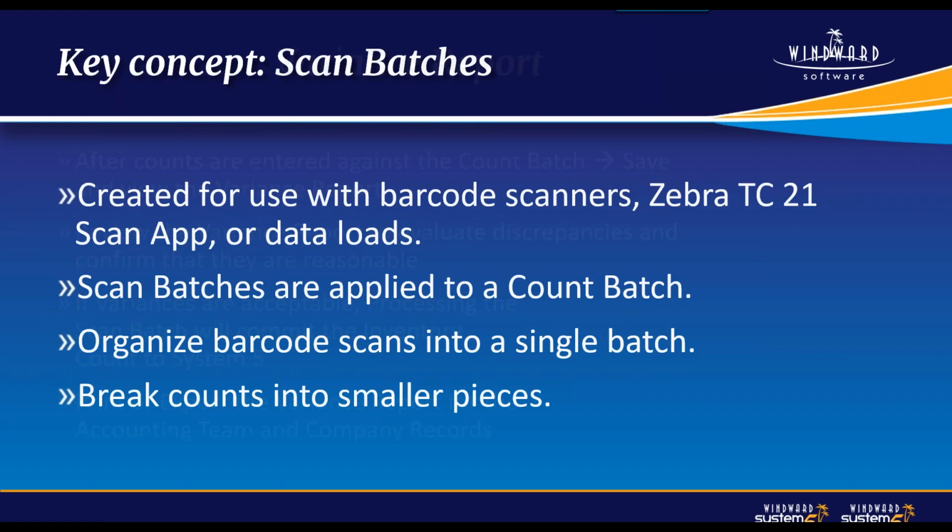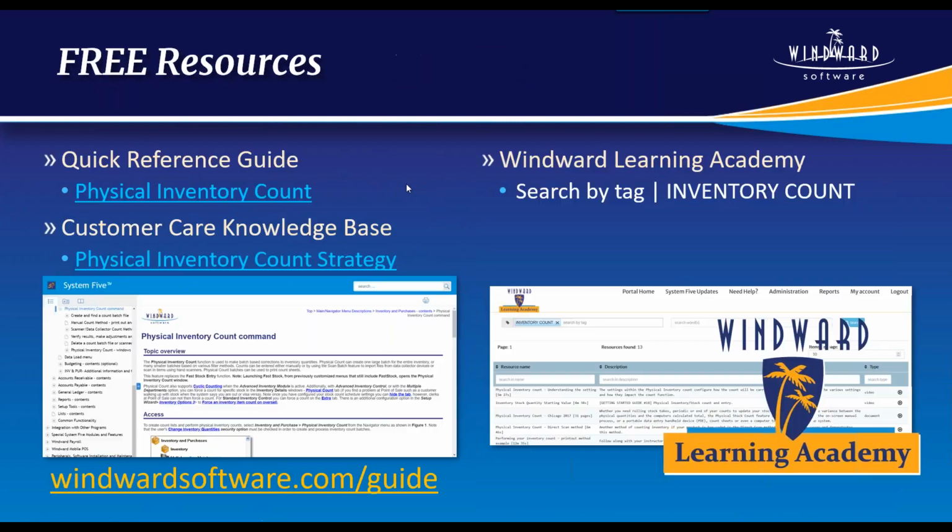I'll show you a couple things. That's Scott Rockins talking ahead of his slides again. So first of all, there are some free resources that are actually quite good to do with physical inventory counting, because this is one of those parts of our software that's been around a long time. And although there's sometimes updates to it or little problems with it, it has worked for a very long time for a lot of people. And once you get it down, it's a very handy tool.